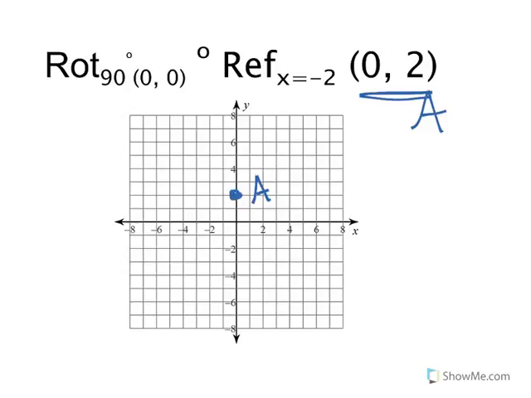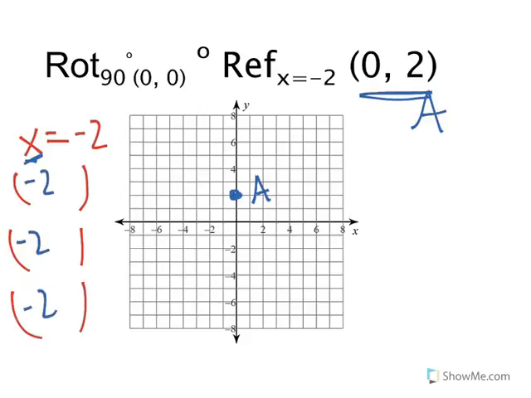And the first thing that I'm going to do is reflect across the line x equals -2. Like I showed you before, if you're not sure where the line x equals -2 will be, make a couple points where all of your x values are -2. You can put whatever you want for the y.